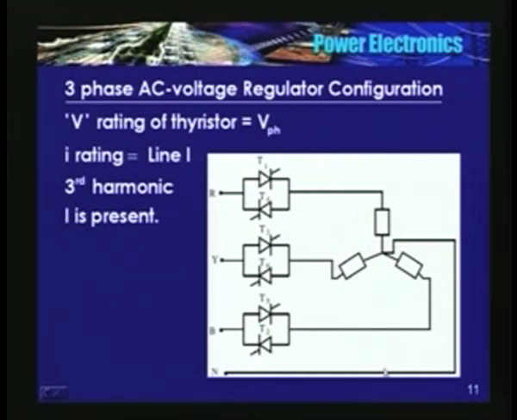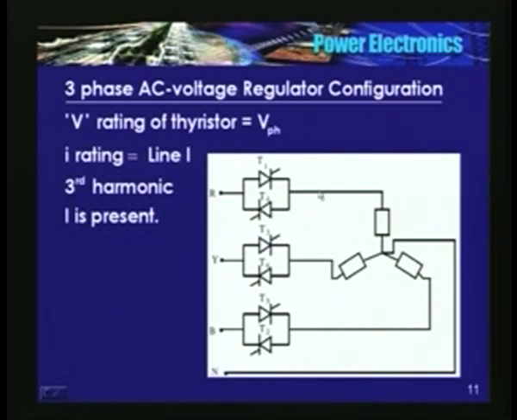Okay. Because the fundamental component, that is IA sin omega t, sin omega t minus 120, sin omega t minus 240, the sum of these components, the fundamental component will be 0.